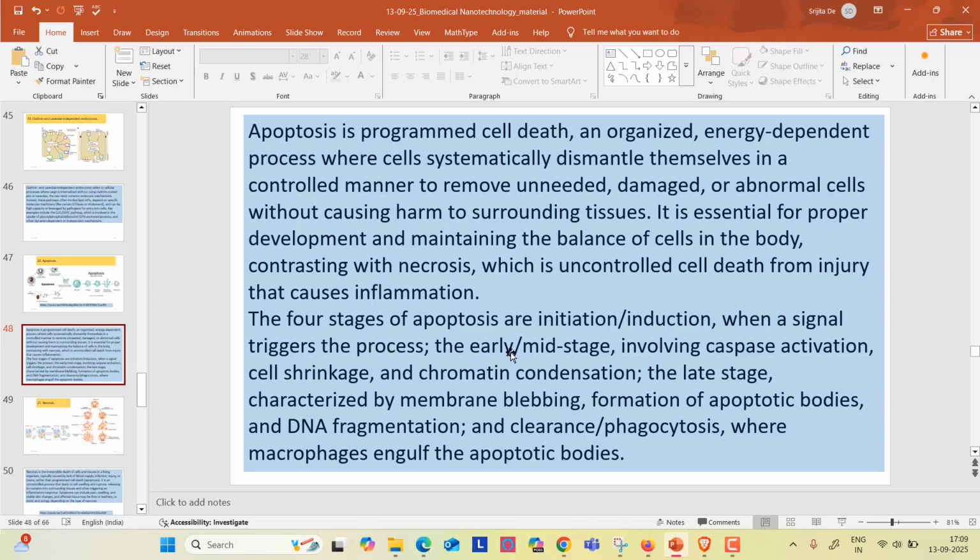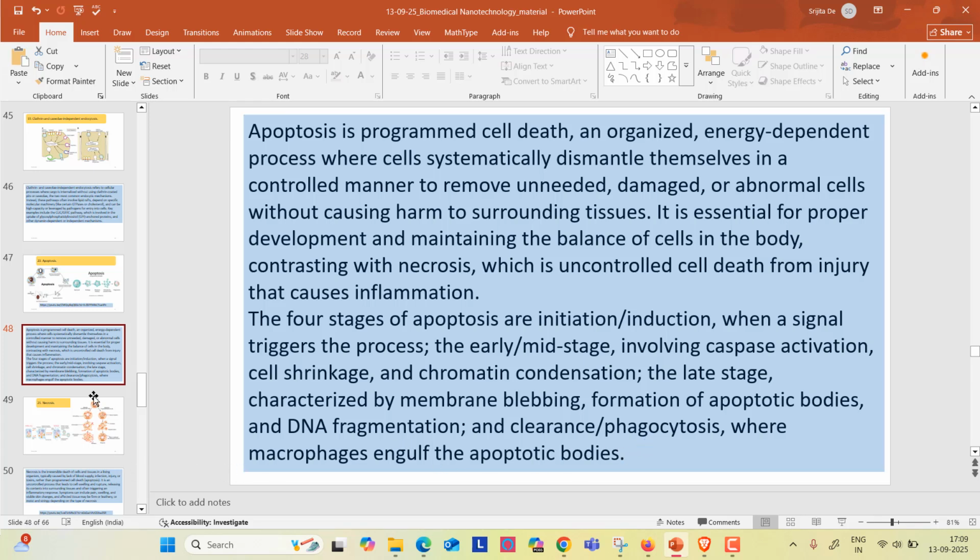The early or mid stage involves caspase activation, cell shrinkage, and chromatin condensation. Third one is the late stage, characterized by membrane blebbing, formation of apoptotic bodies, that means small cell fragments, and DNA fragmentation. And the last one is the clearance or phagocytosis, where macrophages engulf the apoptotic bodies.